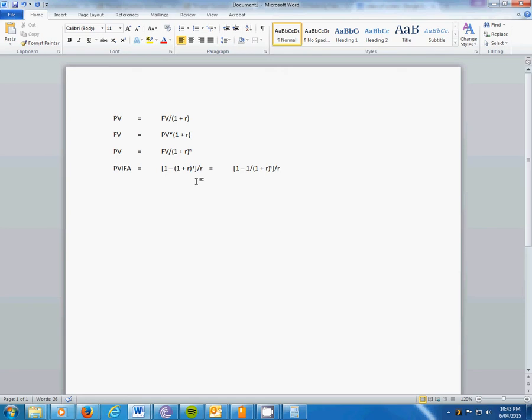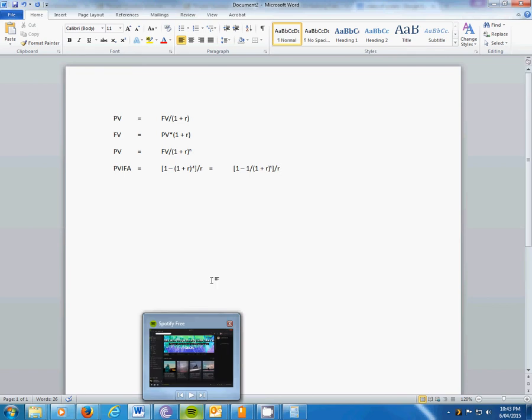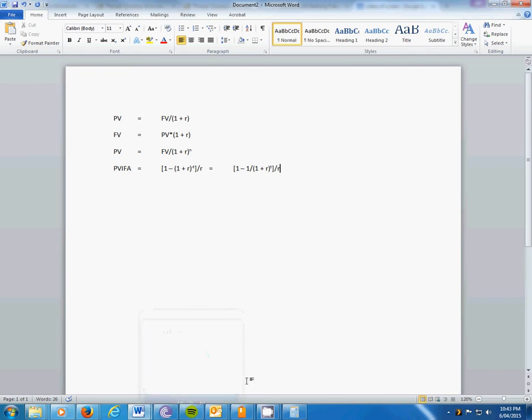Okay, so what I did want to look at in connection with this is bond valuations. This is a handy one because it allows us to calculate an annuity and a lump sum, a future value lump sum.